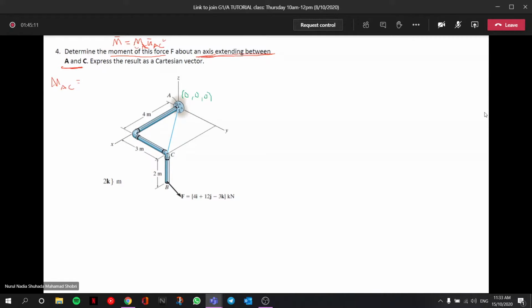So MAC will equal U vector AC dot R times F. And for UAC, vector RAC divided by RAC. Okay, try to solve this.